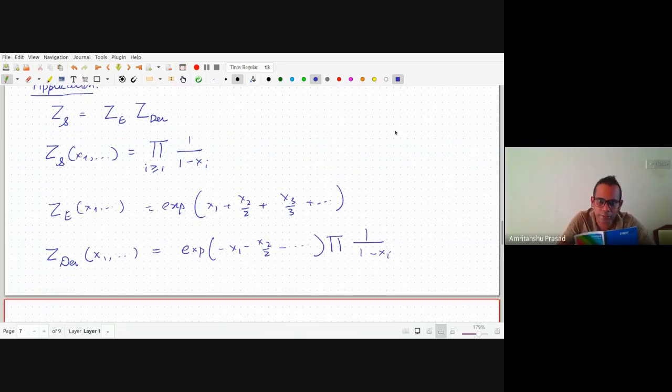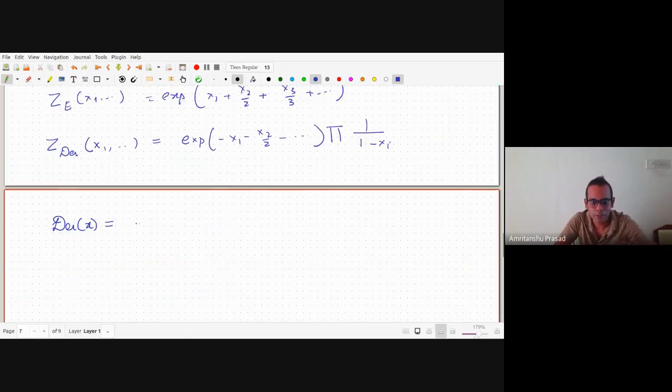So this is going to be, E of x is what? E of x is e to the x. Okay, because it's just the exponential generating function of the series 1, 1, 1, 1, 1. So this is going to be e to the minus x, and then we have the generating function for permutations, which is 1 over 1 minus x.